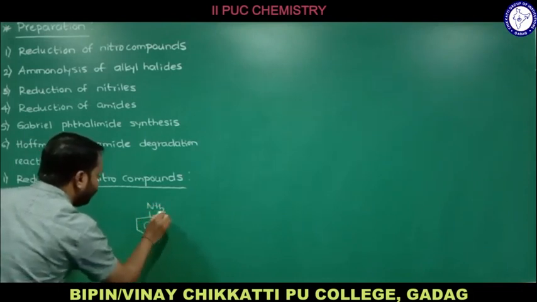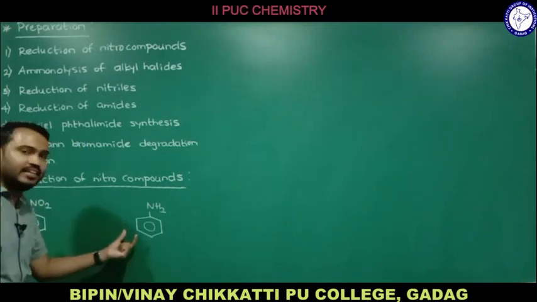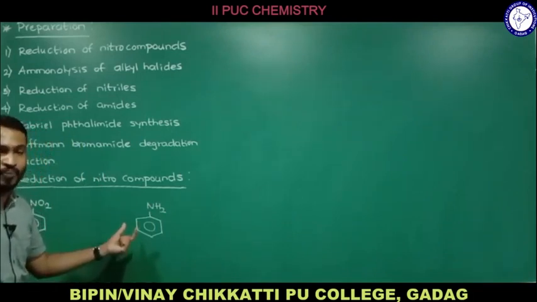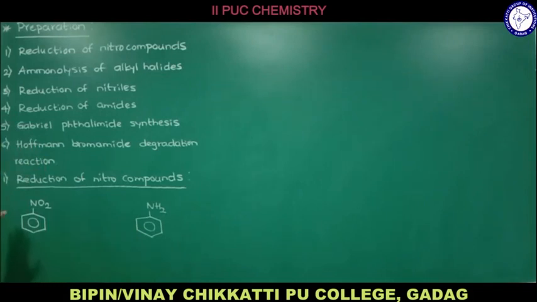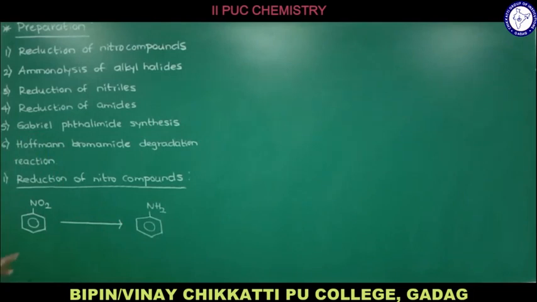I hope now you know the name of this compound, aryl amine, and this is aniline, or you can consider benzene amine. So this is the compound with the nitro group, and here we have the amine group. So here the compound with nitro group is going to be converted into amine. So here the reduction has to be considered.